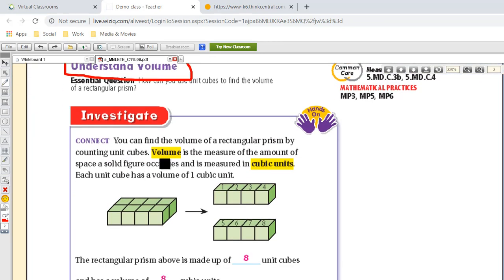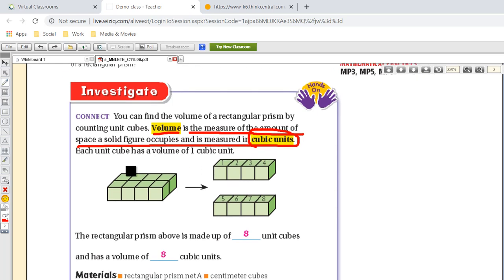Okay, here, volume is the measure of the amount of space a solid figure occupies, and it is measured in cubic units. Okay, so as we learned before, our unit cube or cubic unit equals one length unit each edge.